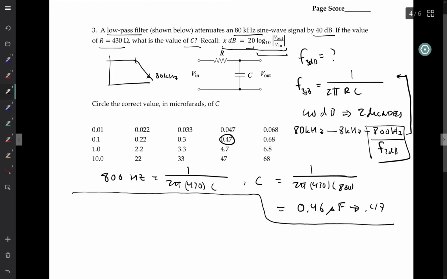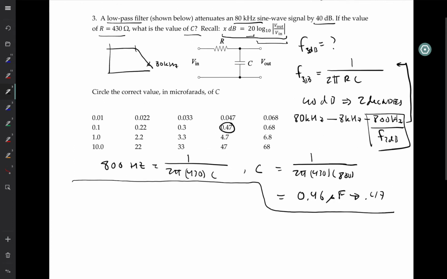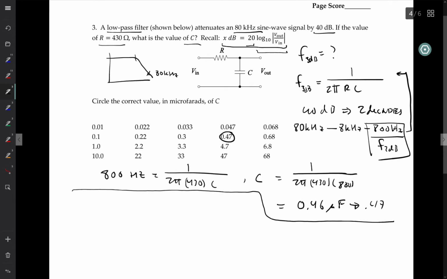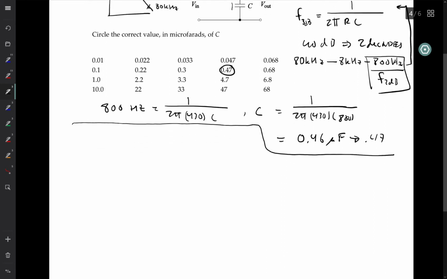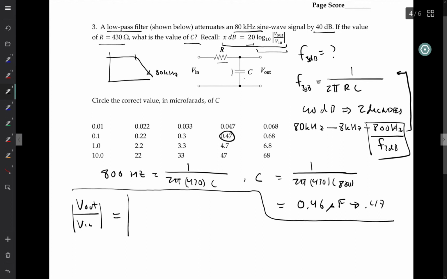Now, if you didn't think of this trick, you want to go back to the basics. We can just crank this through by thinking about our complex impedance of this resistance and this capacitance. So, in terms of complex impedance, V out over Vn is going to be equal to, remember, the lower impedance divided by the sum of the upper and the lower.